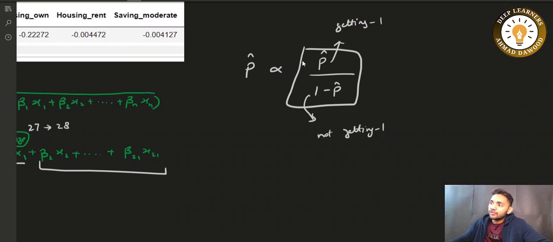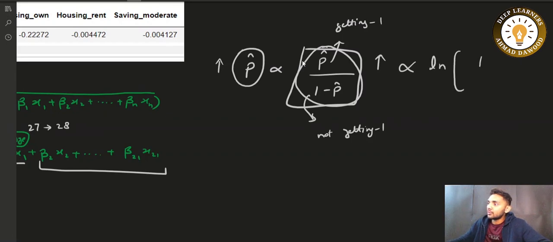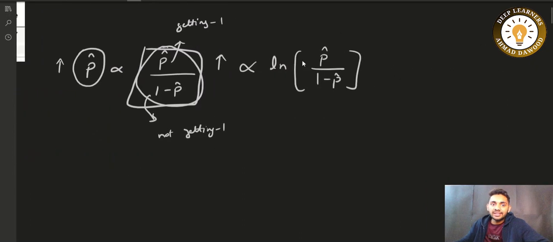So if this term is high, of course this term will also be high, meaning they are directly proportional. In the same way, log of p cap over 1 minus p cap is also directly proportional to the odds. Probability is directly proportional to the odds, and odds is directly proportional to the log of odds.